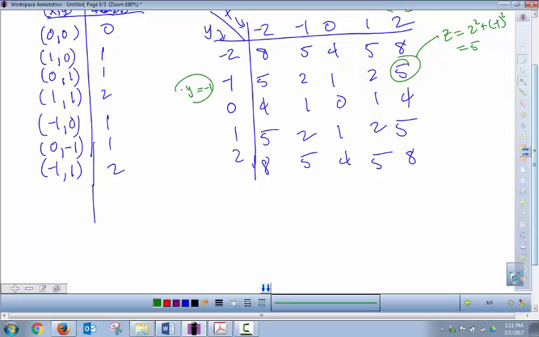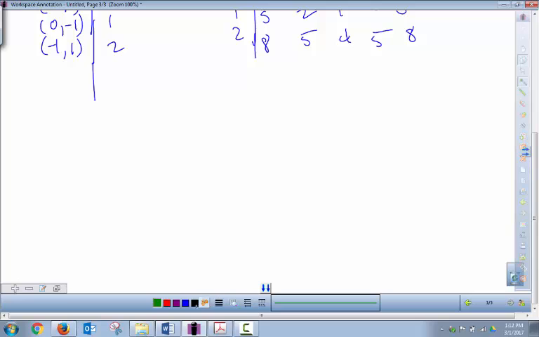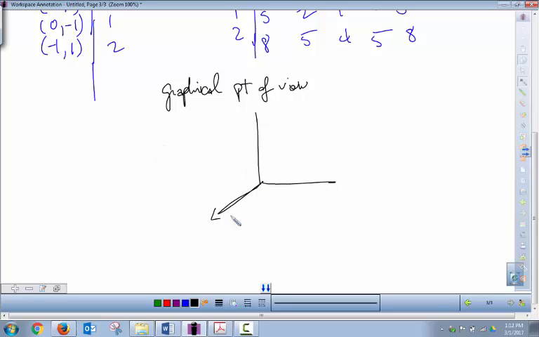So it looks like we should be able to look at this from a graphical point of view as something that we can describe with x, y, z.